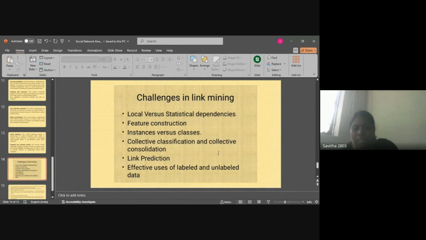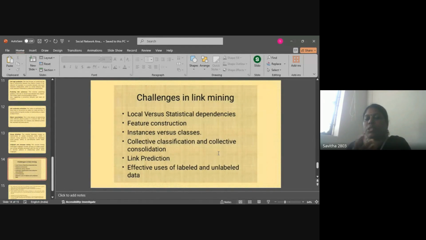Then link prediction means when we want to do link mining, to know the relationship between each person or social network websites, we need to initially predict the content or the link which they have. Based on the link only, the data can be filtered or classified easily. Then effective use of labeled and unlabeled data.